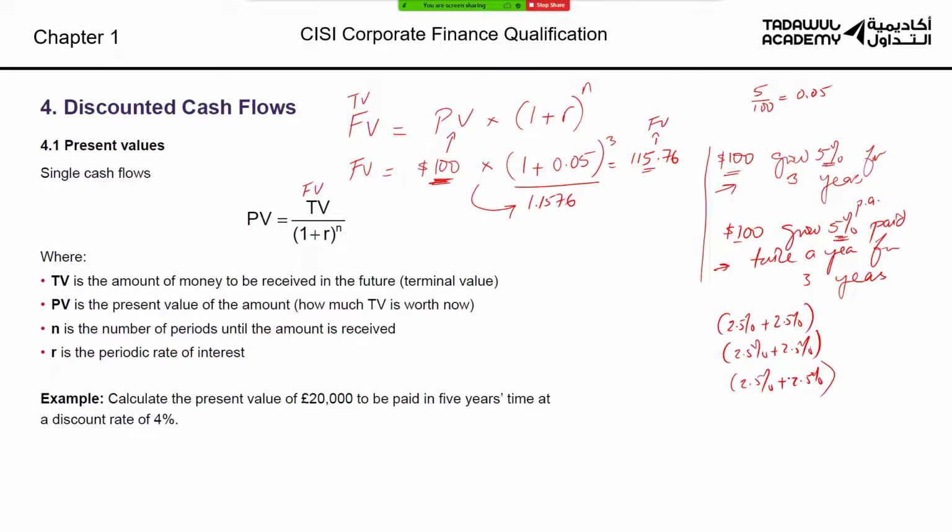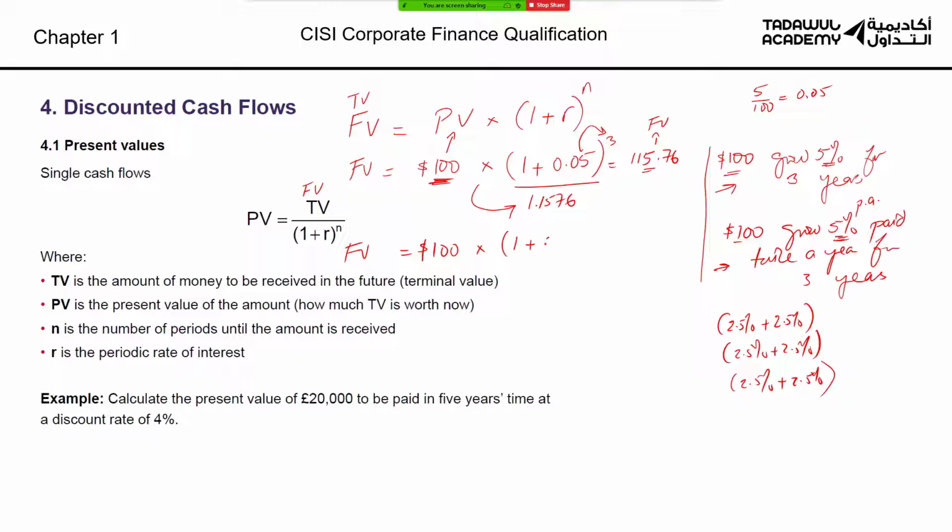Implementing this concept in our formula, the future value of this investment will be $100, because the present value is still $100, times 1 plus the rate at which our money is growing. It's no longer growing at 5% 3 times.